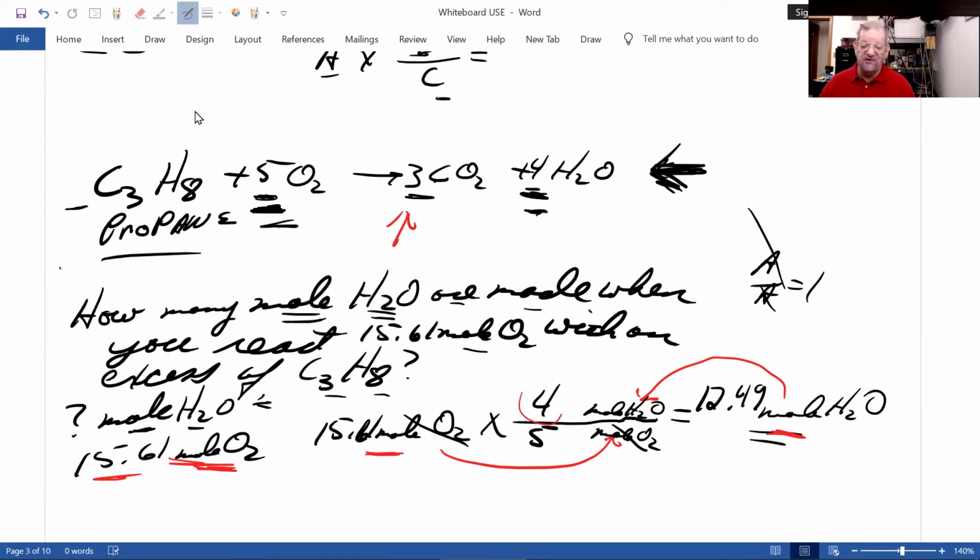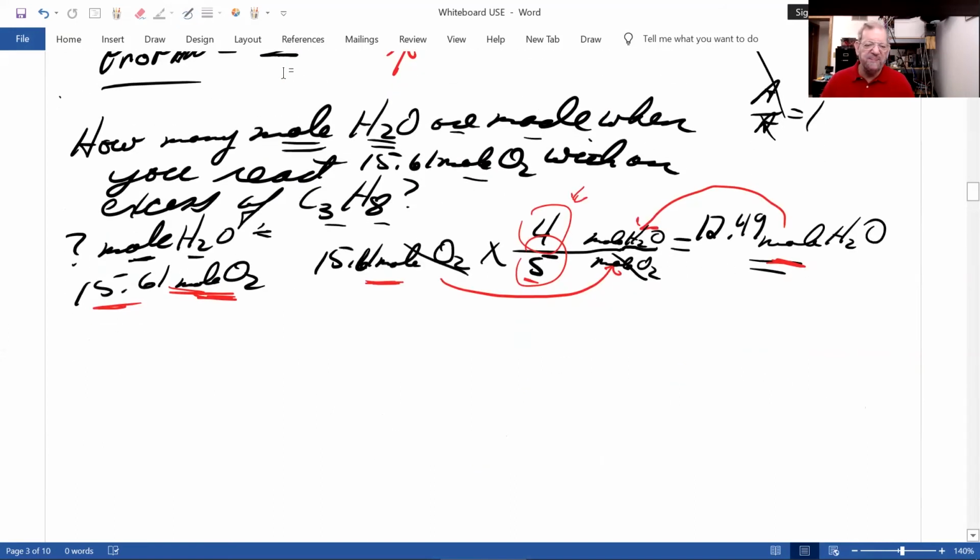And where do I get these numbers in this ratio? From the balanced chemical equation. They're molar ratios. For every 4 moles of water, I need 5 moles of oxygen. That's where I got it. These are exact numbers, so you don't use those in determining how many significant figures. And that's how you do it.